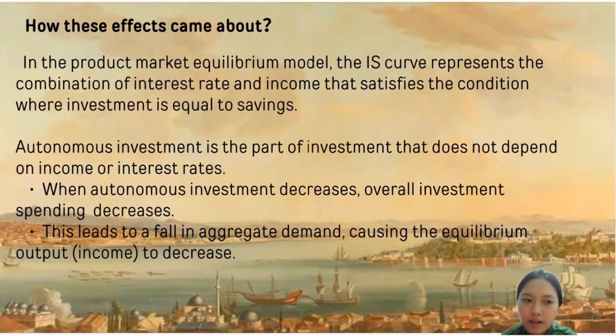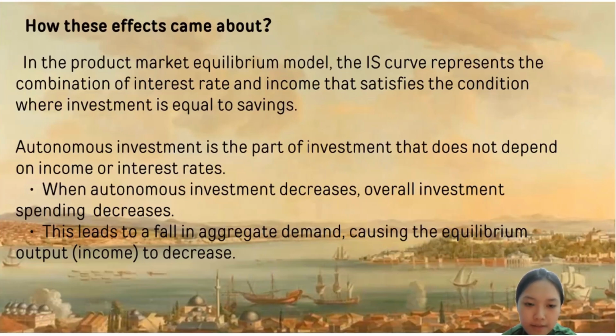Let's think about how these effects come about. In the product market equilibrium model, the IS curve represents the combination of interest rate and income that satisfies the condition where investment equals savings.